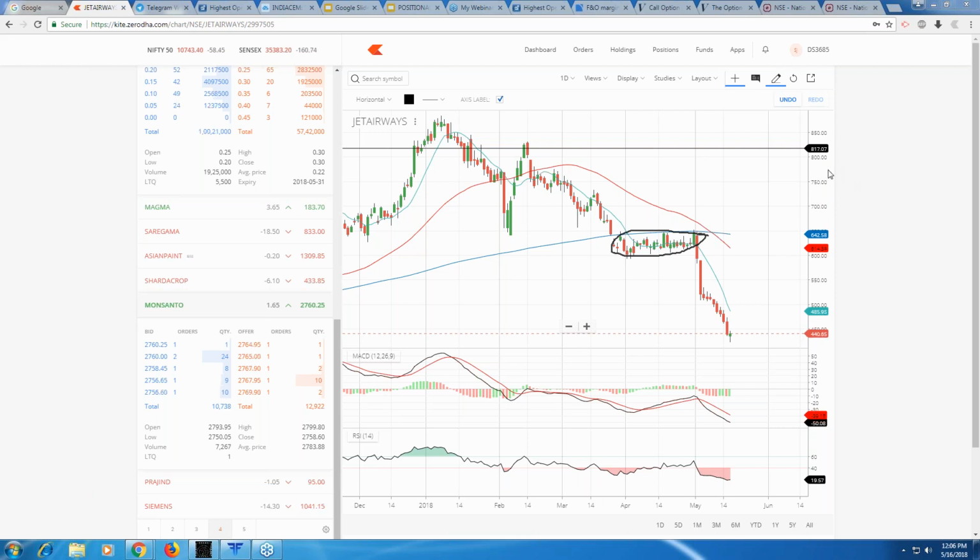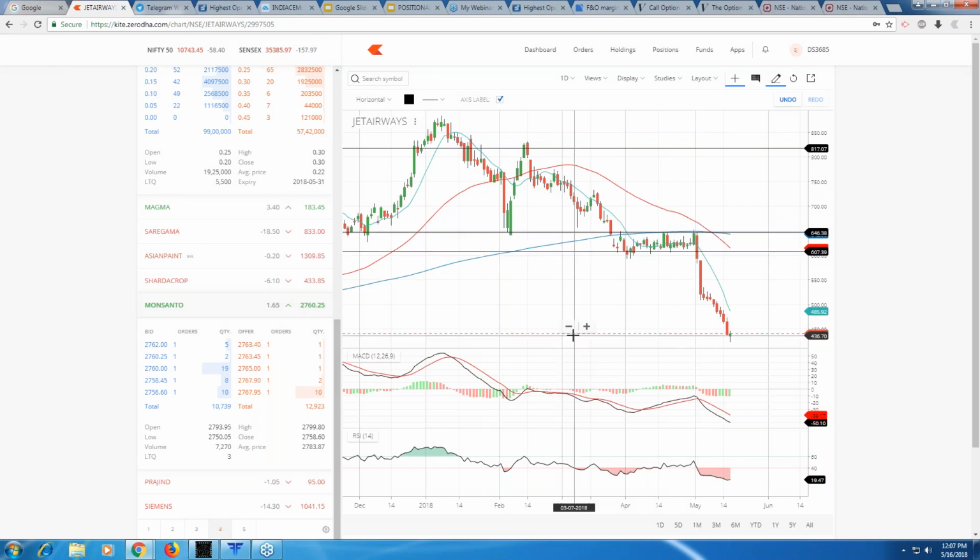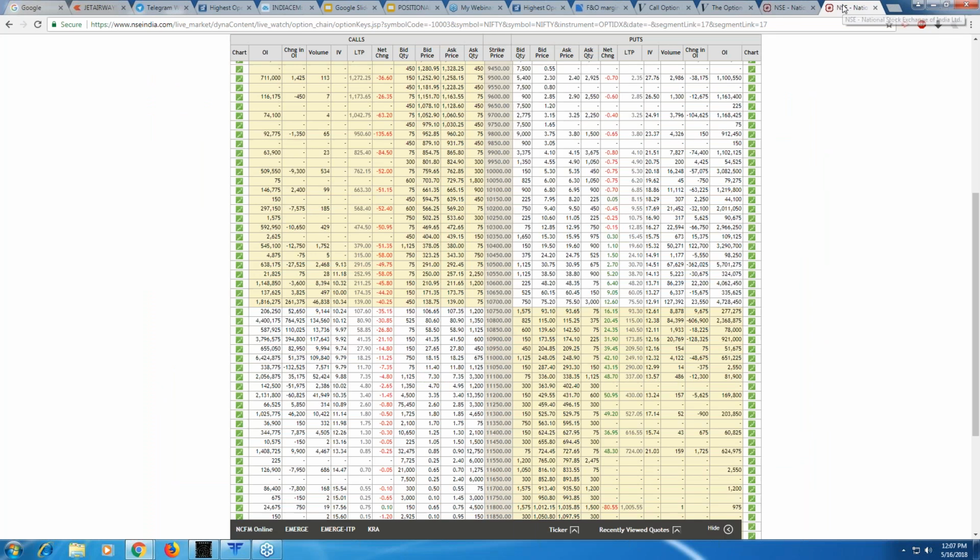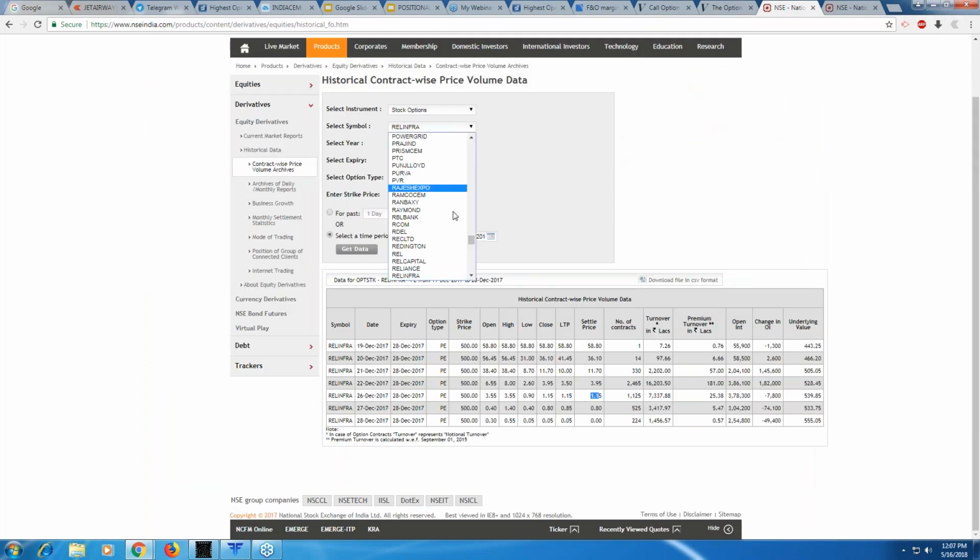Let's look into the NSE website, and this is the month of April, and let's see what is here. So what is the range of the stock here? This is Jet Airways. The range of the stock is between 600 to 650, right? Now let's see what's happening in the month of May. I'm going to select Jet Airways, and the year is going to be 2018.